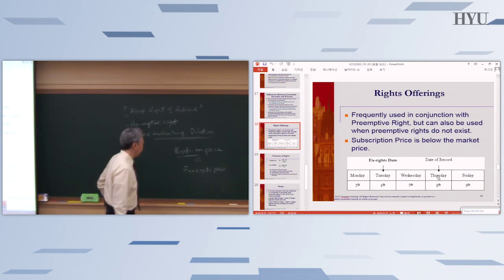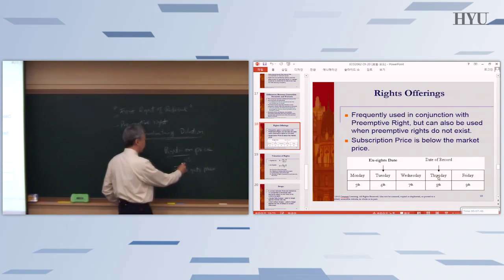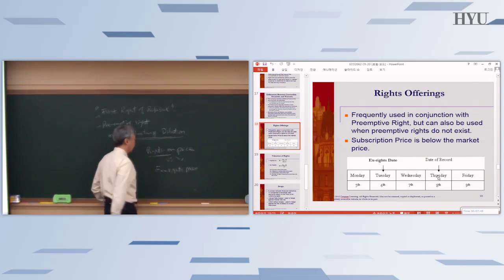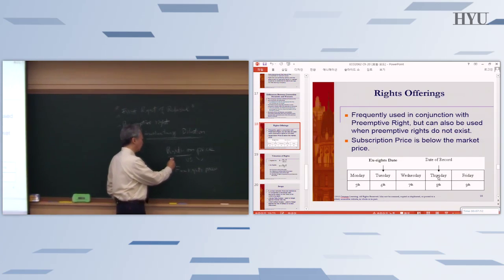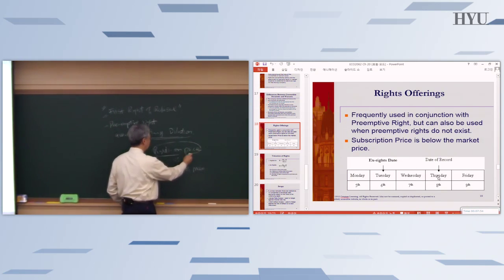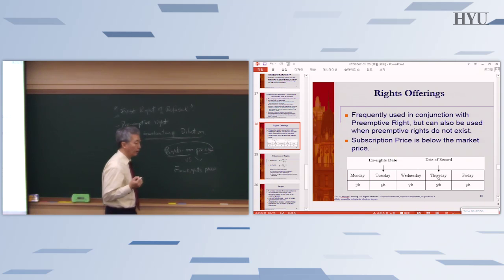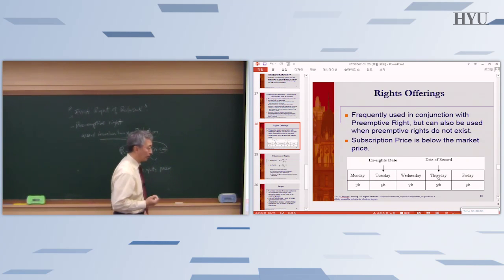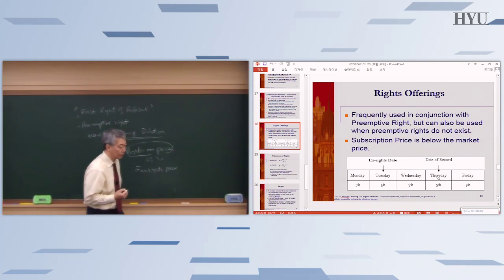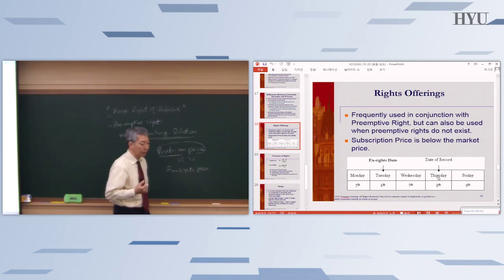Of course, the rights-on price will be higher than the ex-rights price, because if you are holding the stock which carries the right, then you have the advantage of purchasing another share at the lower subscription price.